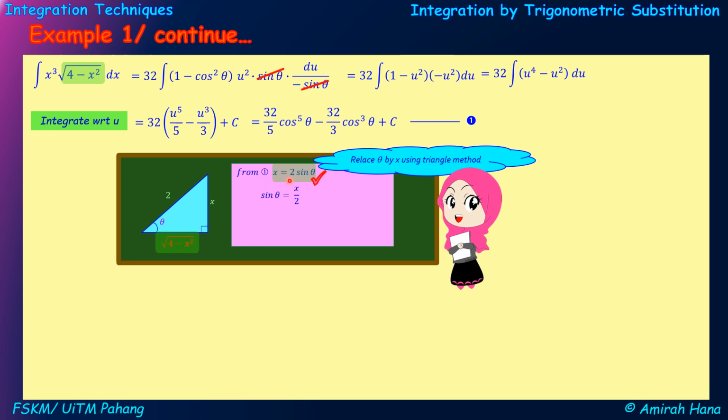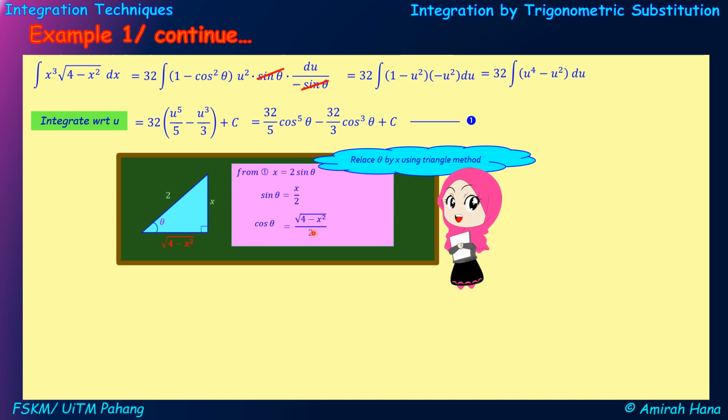If our step 1 is correct, we will get a radical that is the same as the radical in the given question. After that, we want to find cos theta, because from equation 1 we have terms containing cos theta. From the right angle triangle, cos theta equals adjacent, which is square root of 4 minus x squared, over hypotenuse.